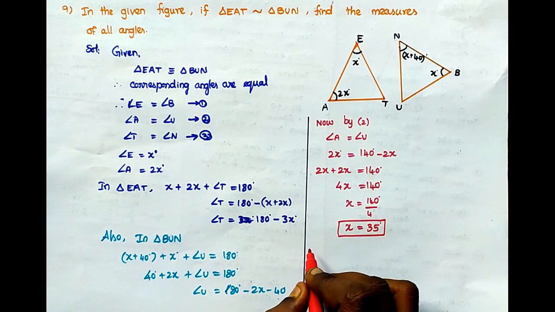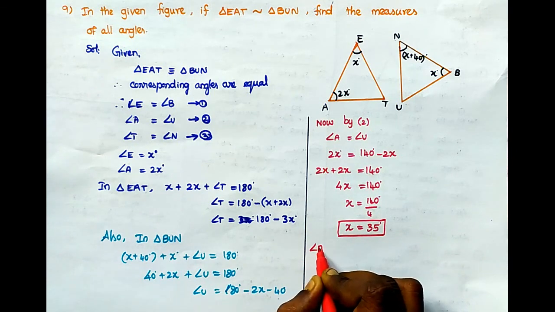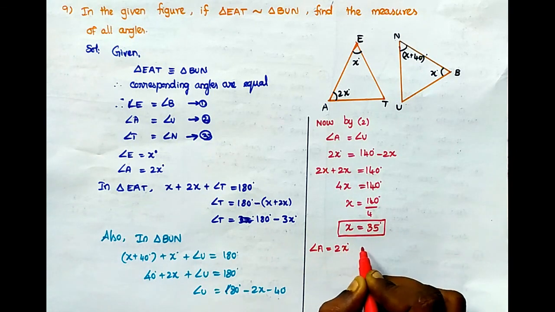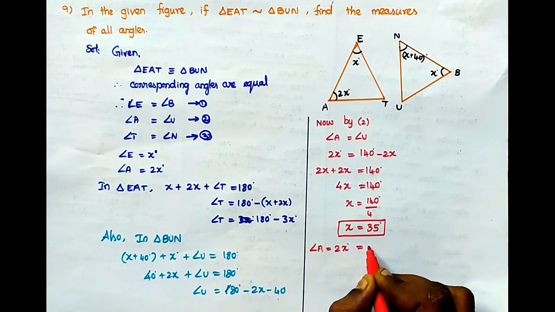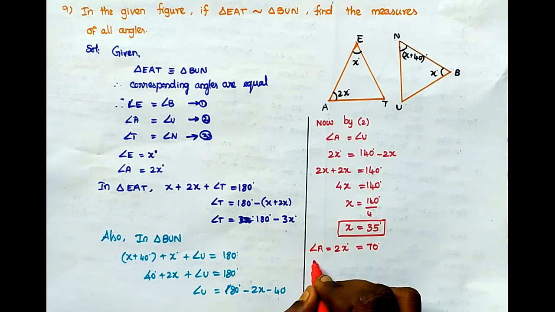Now angle A equal to 2x, that is 2 into 35 degree, 70 degree.